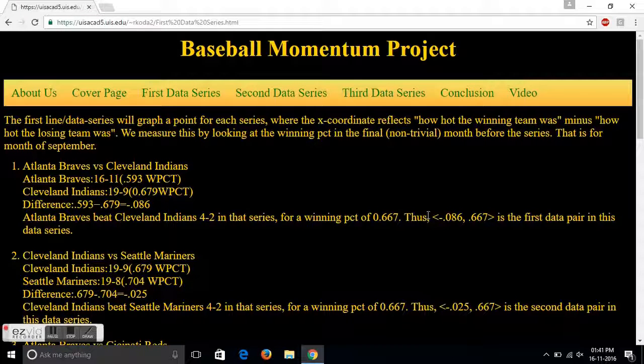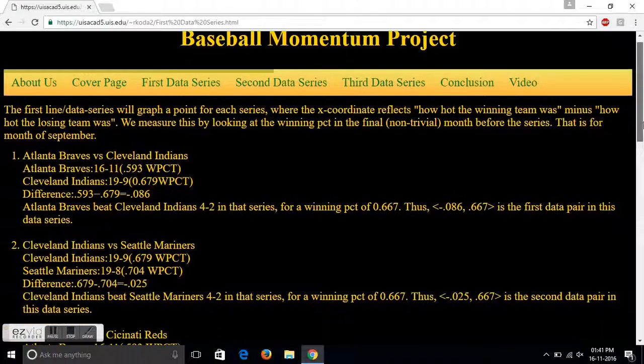So our first data pair would be the difference of those winning PCTs for the month of September, that is 0.086, and the winning PCT of the whole series, 0.667.